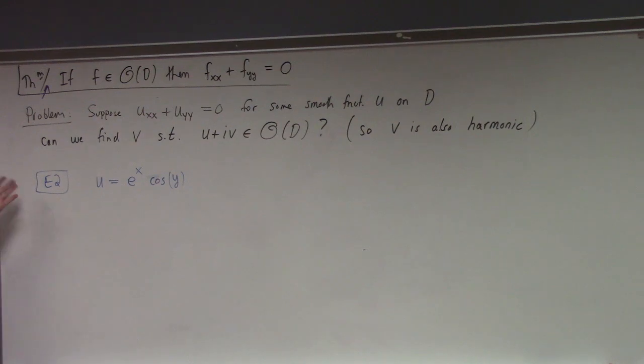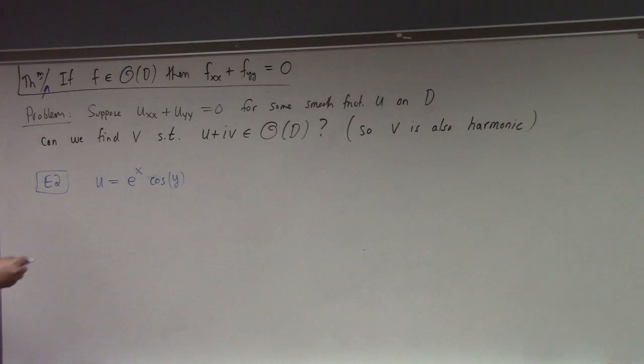So we want to find a v such that u plus iv is complex differentiable on D. So we're looking for a smooth function. We'd have u and v both smooth, so if they satisfy the Cauchy-Riemann equations, it'd be aces for us. So what do we need to solve?